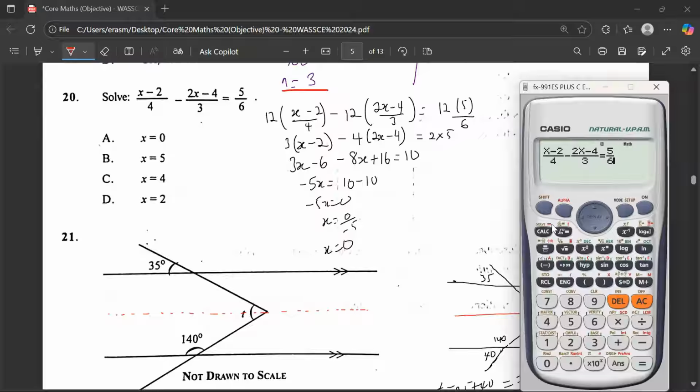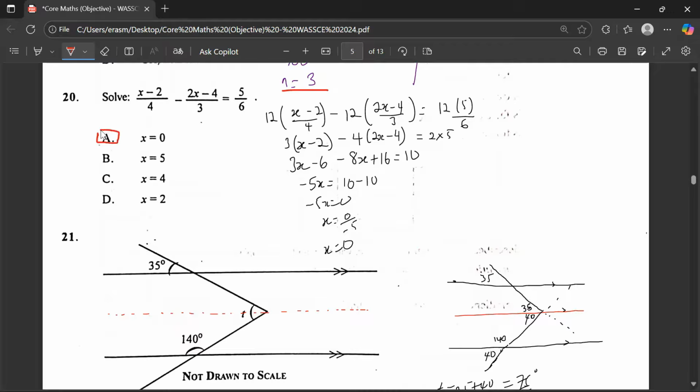Then we are going to press shift solve, and then click on equal to, and it says x equals 0. And so the right option is option A.